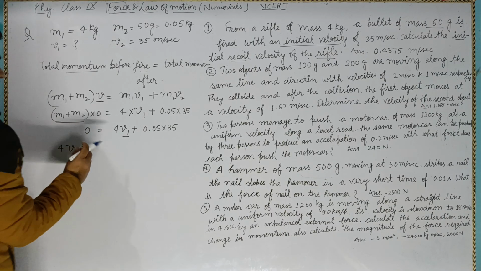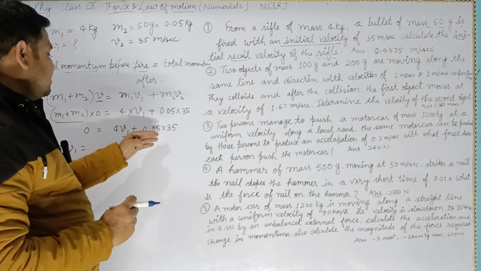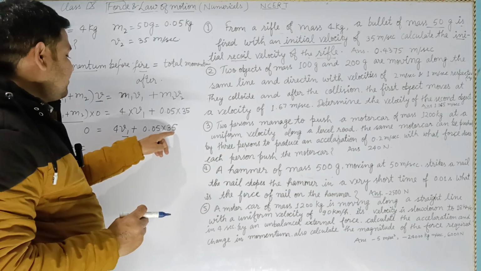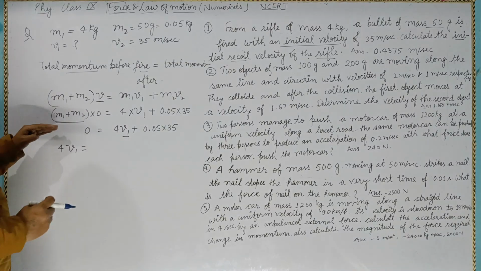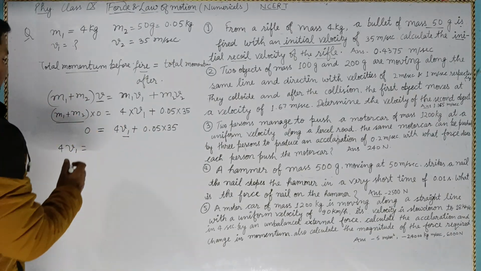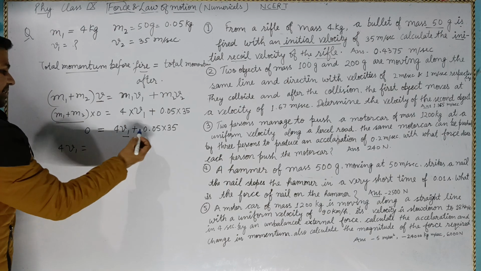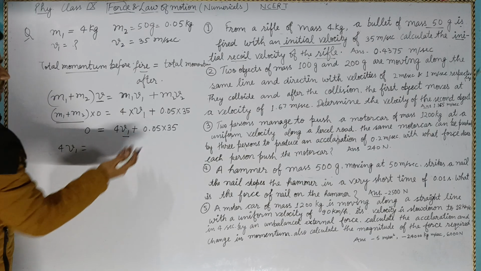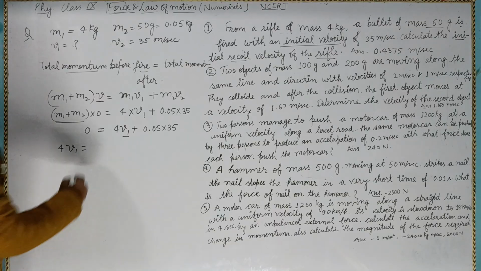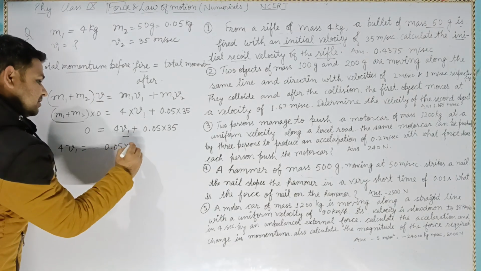4V1 equal to: when we take 0.05 into 35 to the other side, it will be negative, minus 0.05 into 35.